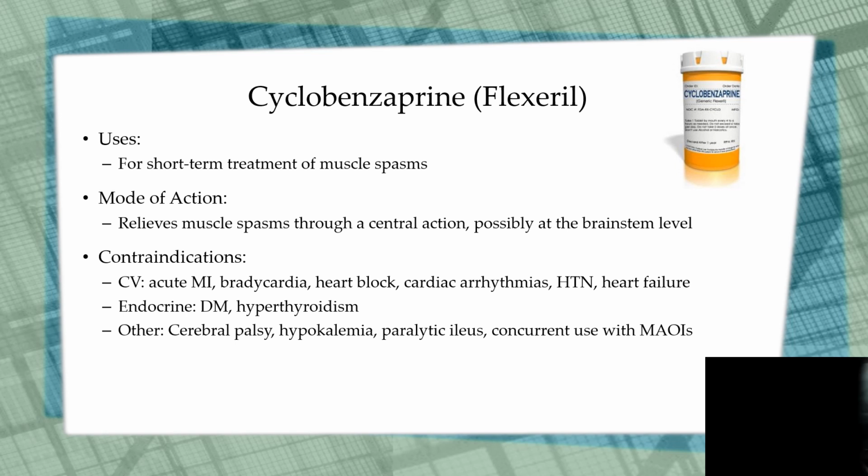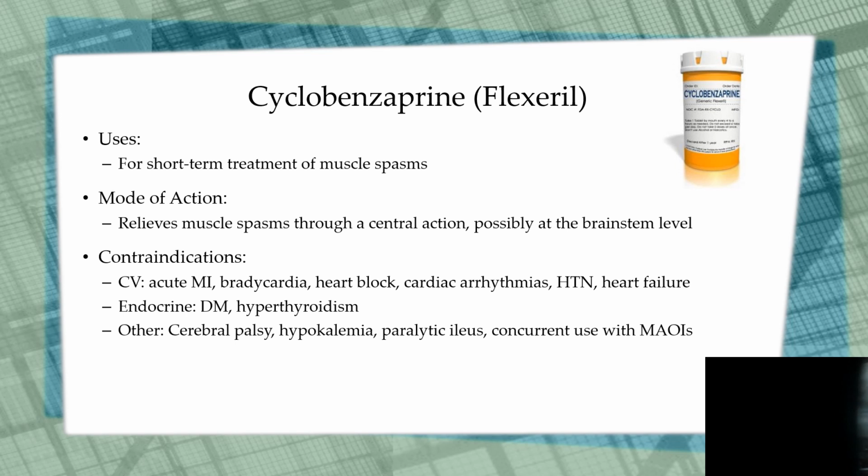So we're going to look at Flexeril today, and it's used for short-term treatment of muscle spasm. The mode of action: it relieves spasms through a central action, possibly at the brainstem level.